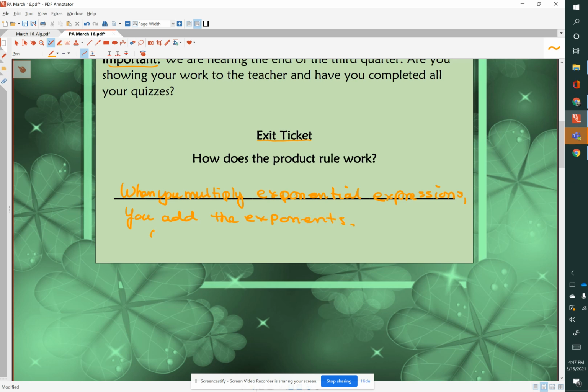And let's do an example. So x to the third power times x to the fifth power will be x to the 3 plus 5, or x to the 8 power.